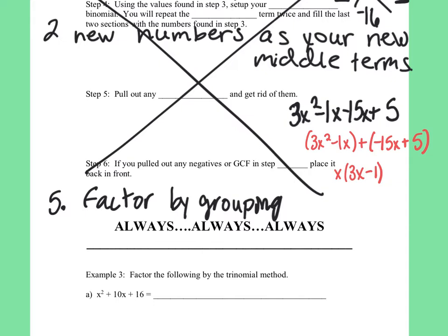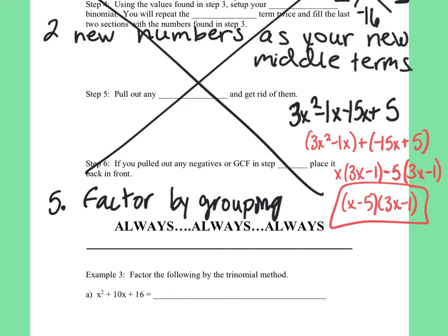And then I got -15x and 5. Those are going to have a -5 in common. And when I pull that out, I'm left with 3x minus 1. And my final answer? X minus 5 and 3x minus 1. Perfect. And that's it. That's how we factor a trinomial.